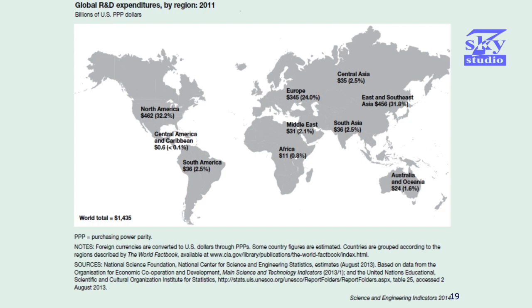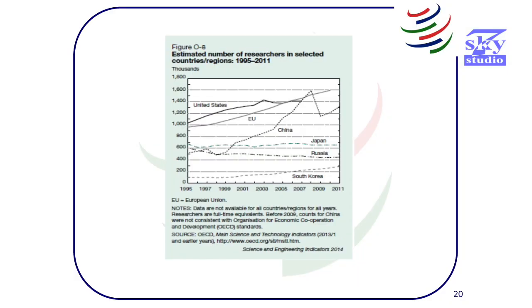America is slightly higher. In Central Asia, of the total spending, probably, I don't know, of the region. But anyway, Central Asia, 2.5% only, and about 1/10 of what Europe spends. So that's significant here, the discrepancies.